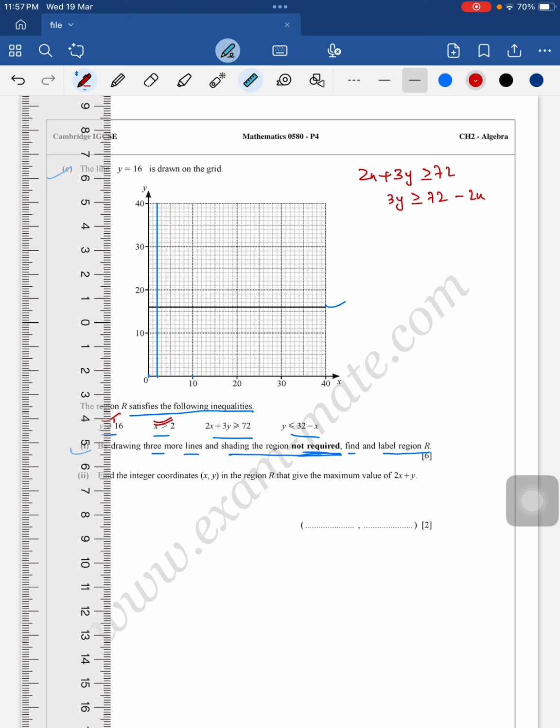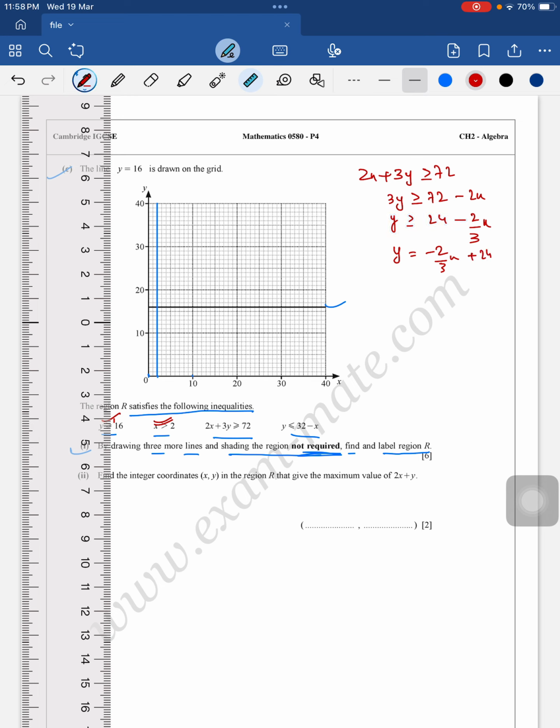I move 2x over there. Now divide by 3 on both sides. 72 divided by 3 is 24, and 2 divided by 3 x. So we have y is equal to minus 2 upon 3 x plus 24.